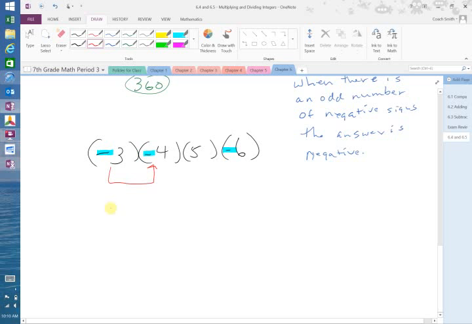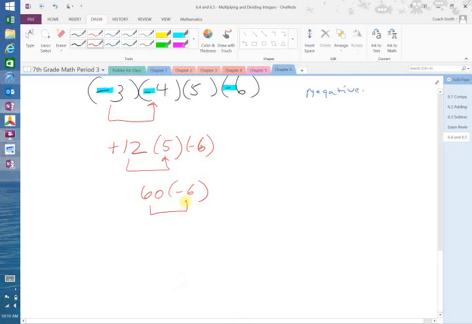Negative 3 times negative 4 is a positive 12 times 5 times negative 6. Positive 12 times 5 is a positive 60 times negative 6. 60 times negative 6 is negative 360.